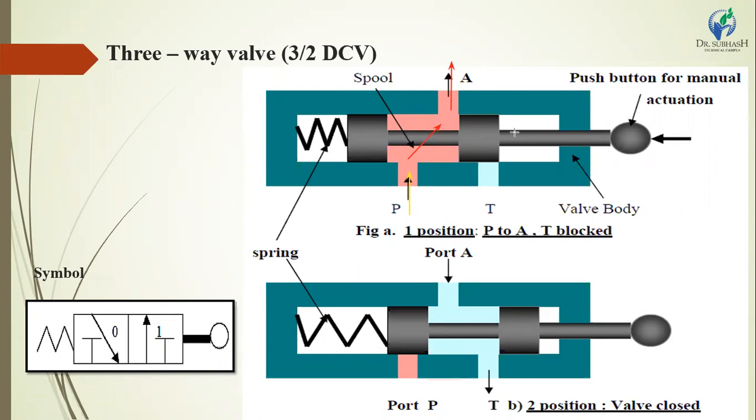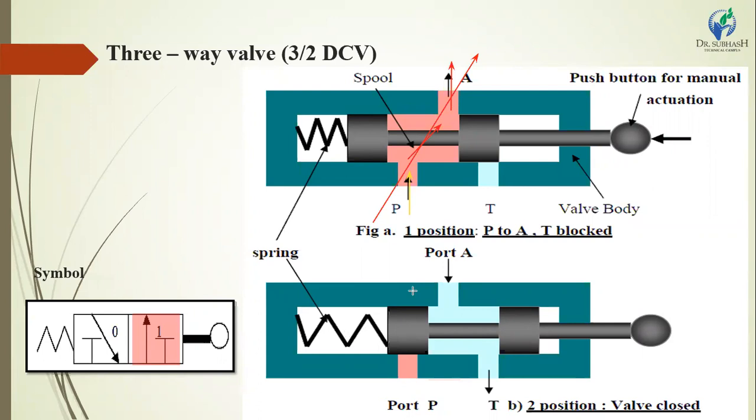This is the spool, operated by a push button or manual actuation. The flow path also allows oil from port A to port P. This position we have to mention in this diagram, which is marked as position 1.